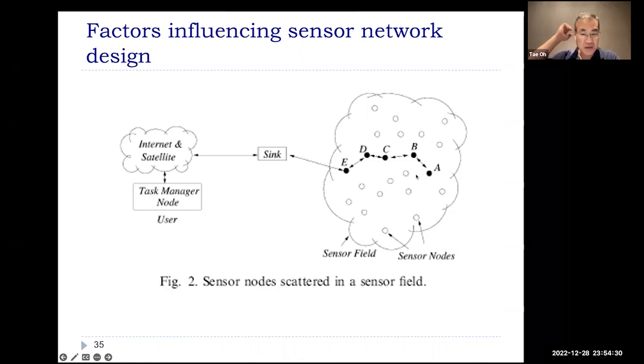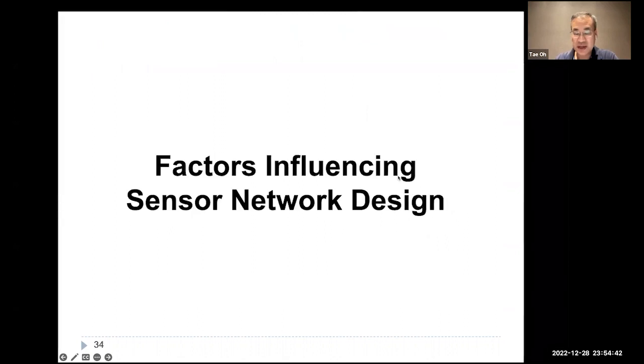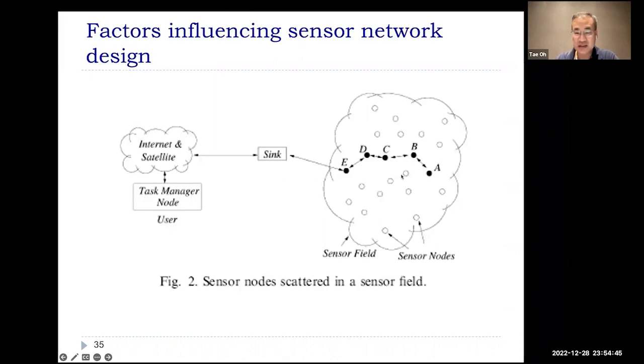Okay, and those are the sensor fields. There's a sensor node. This is typically one of the cases. Sometimes, instead of ad hoc, you can have it centralized, where all the sensors individually connect to the sink. This is more of the centralized version of it. But the problem with that is a scalability issue.